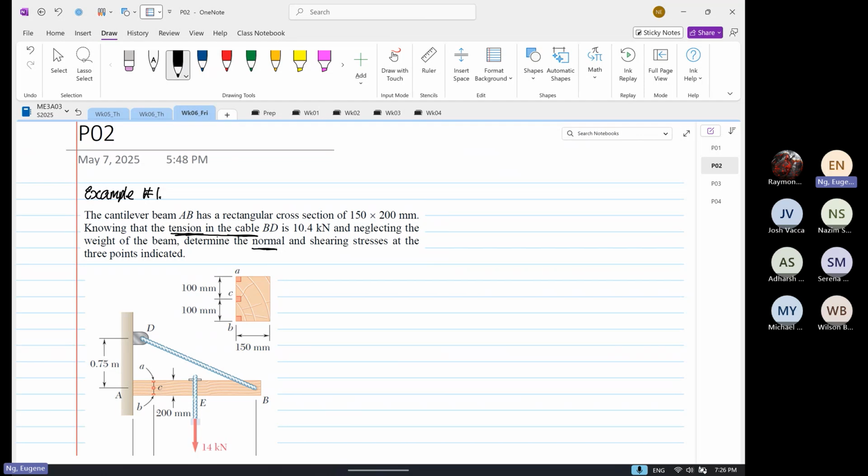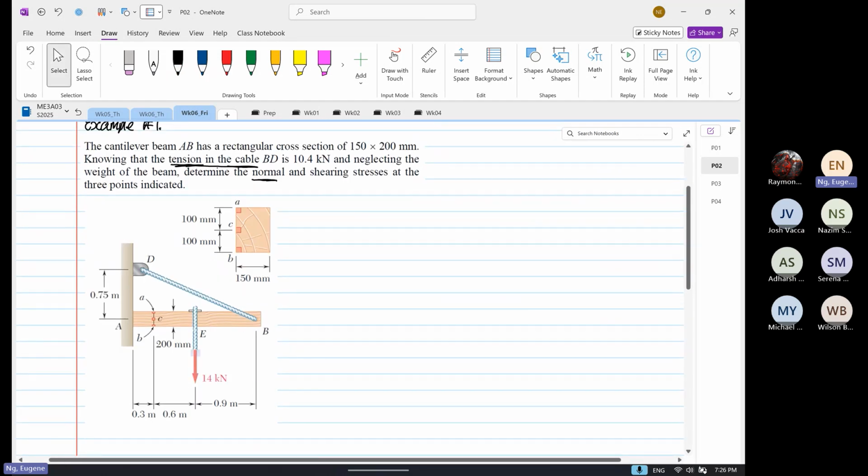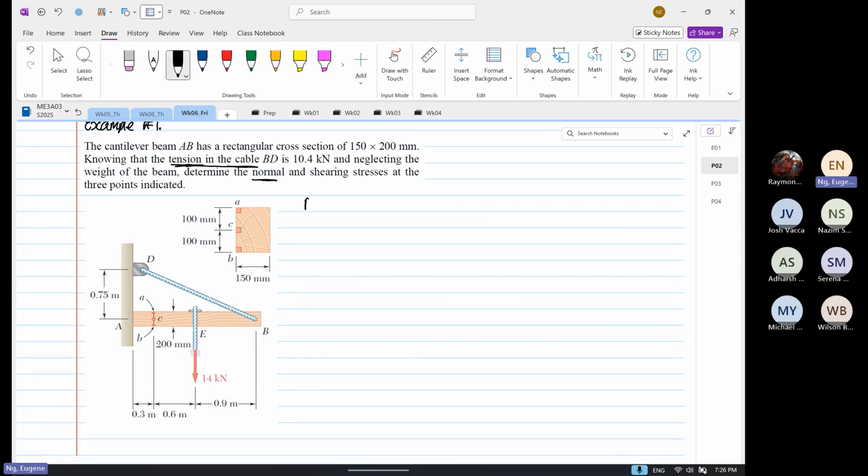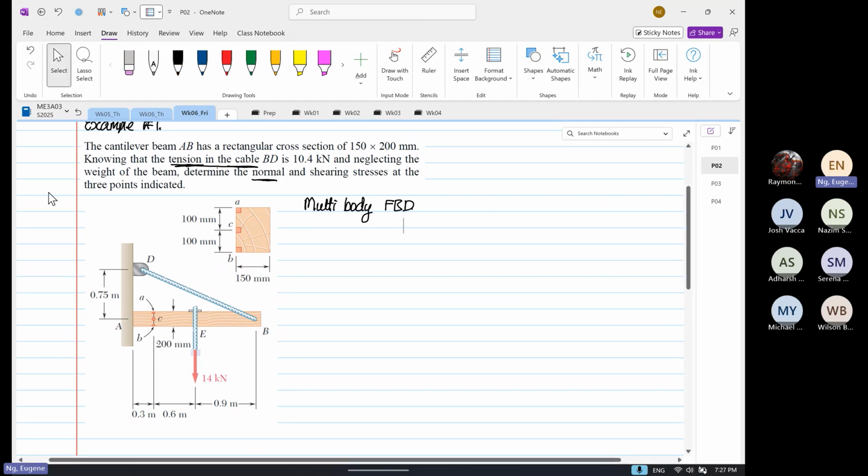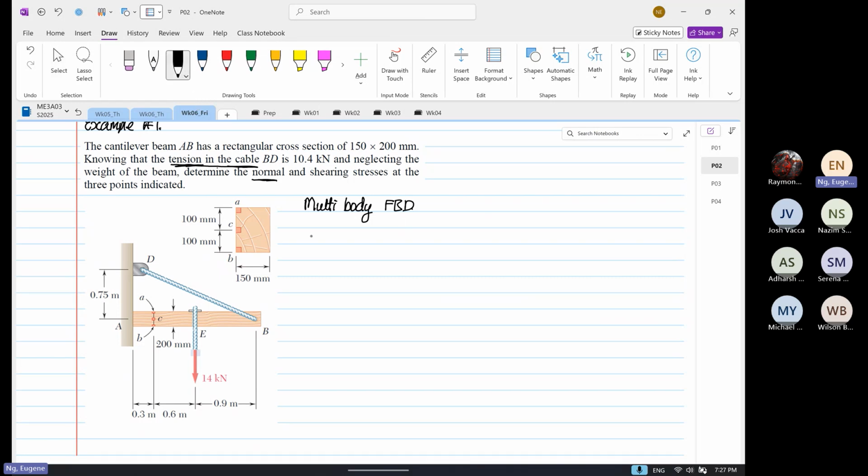The first thing we are going to do is draw a multi-body free body diagram. We will look at the beam first, and declare our coordinate system.